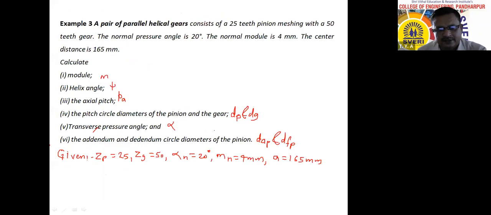DP. DP is equal to MN into ZP divided by cos of psi. MN value 4 into what is ZP? 25 divided by cos of 24.62.